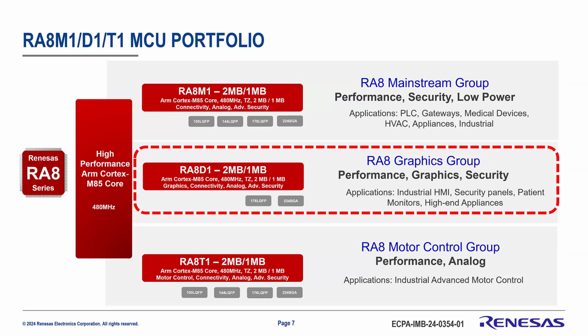Then moving into the center one there in the red box, we have the RA8D1, which is our focus today. This is a display and graphics focused product, looking at industrial HMI applications, security panels, patient monitoring, and so forth. We also have the RA8T1 series, which is focused on motor control and for industrial and advanced industrial applications.